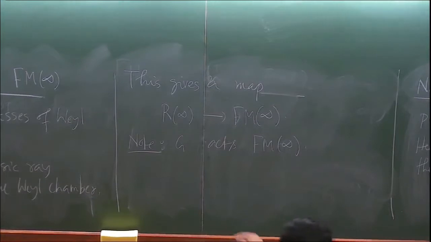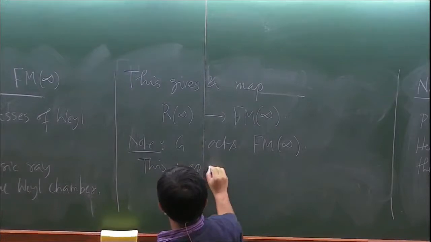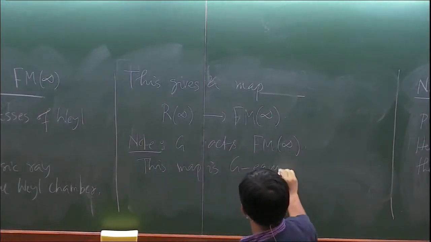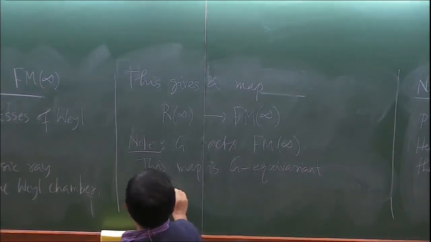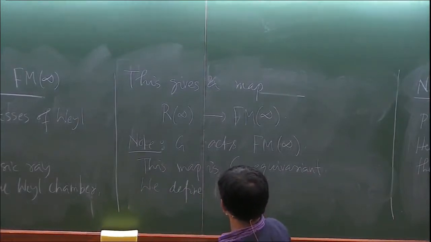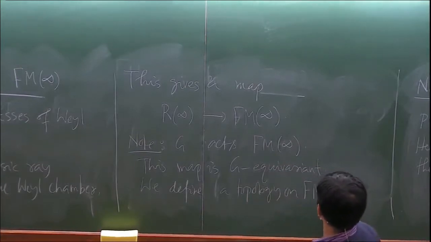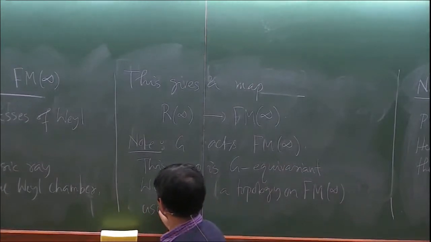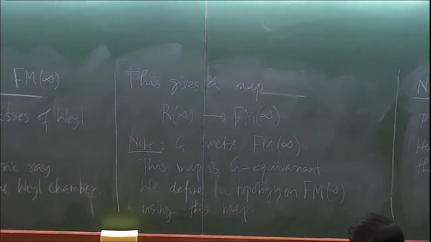And so this map is G equivariant. And we define a topology on Fm infinity, the quotient topology, using this map. So, therefore, I have this space Fm infinity, and this is called the Furstenberg boundary.